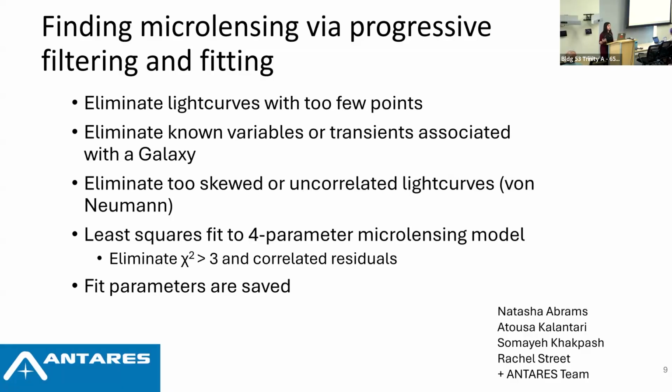We then do a least squares fit to a 4-parameter microlensing model and eliminate those that don't pass our chi-squared threshold, or those that have too correlated residuals after the fit. And then we save those fit parameters in the locus so they can be accessed later.